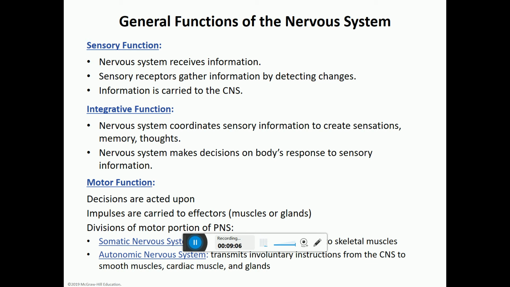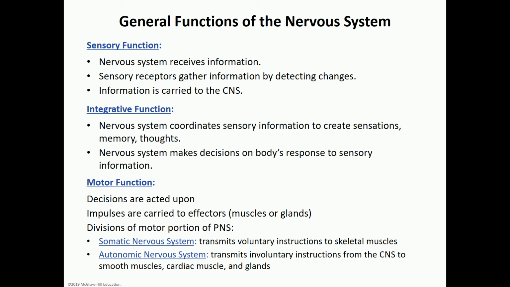So as we were saying, the sensory function receives information from the receptors. It takes that info towards the central nervous system. So the information is carried to the CNS. Any info carried to the CNS is sensory information, or sensory. These neurons would have a sensory function.